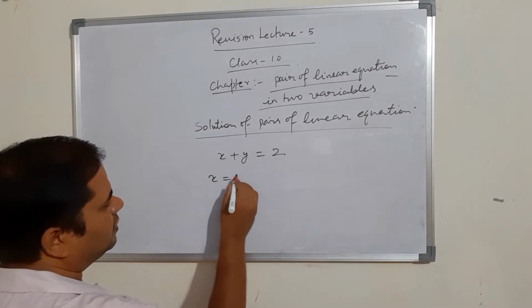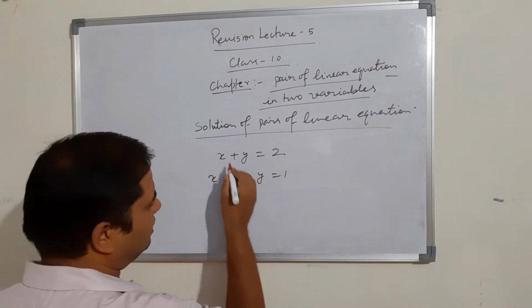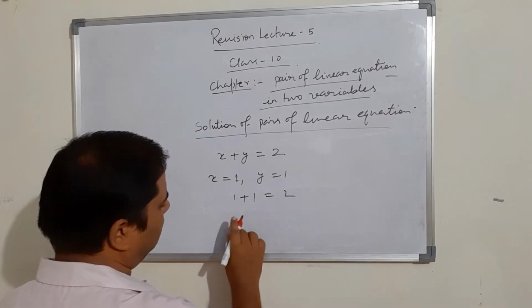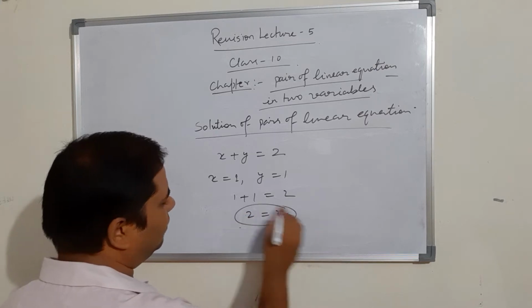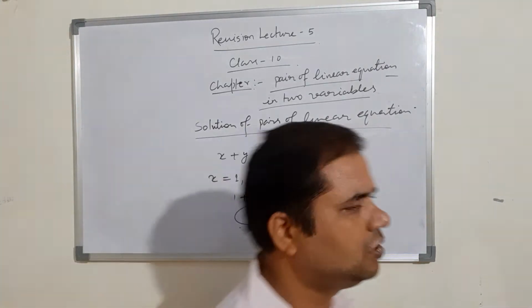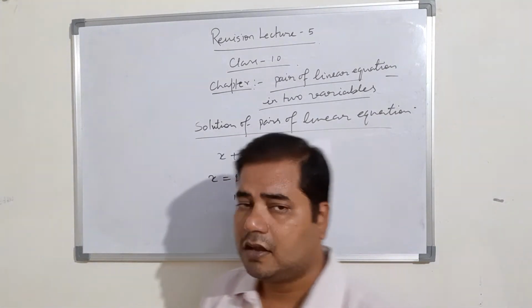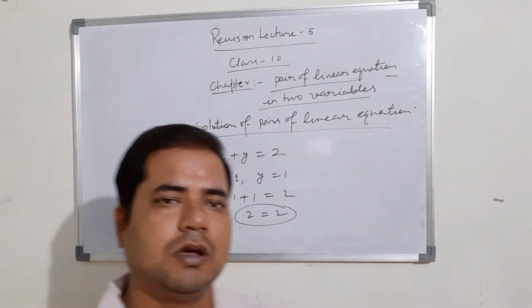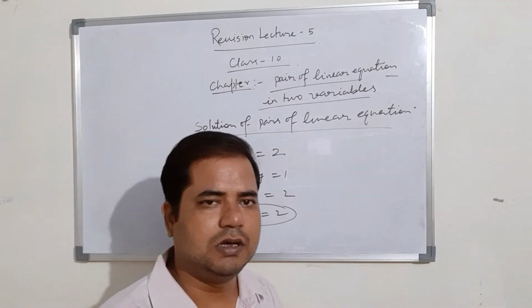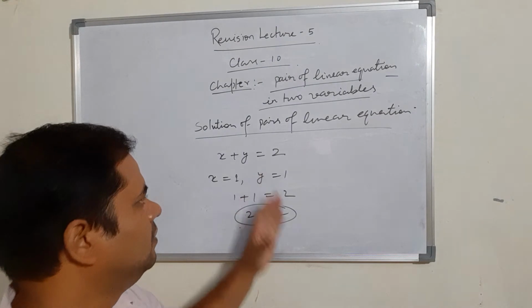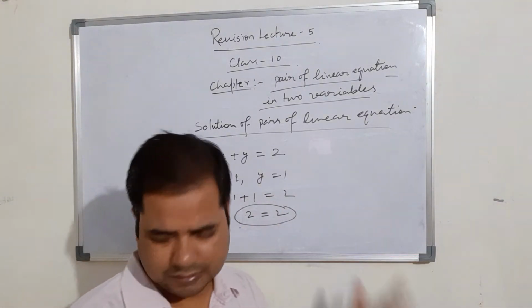So the value of x is equal to 1, y is equal to 1 satisfy the equation. That means this particular value of x and y is known as the solution of this particular linear equation. But we have to study about the solution of pair of linear equation. So in that we have to find the solution by many methods.